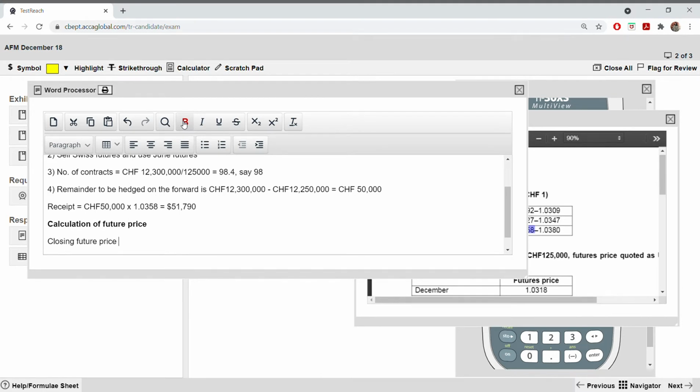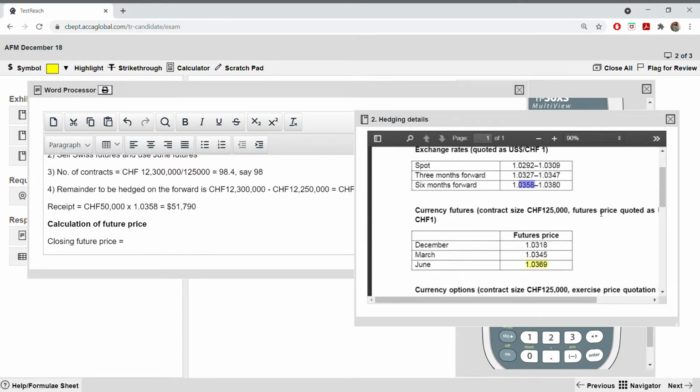Closing future price is equal to... What is the formula for it? I need my future price in front of me. One method is you compare the spot with the future, the opening future.